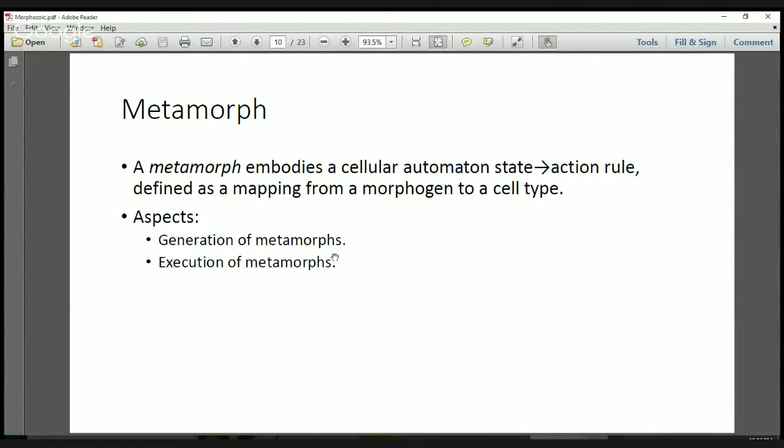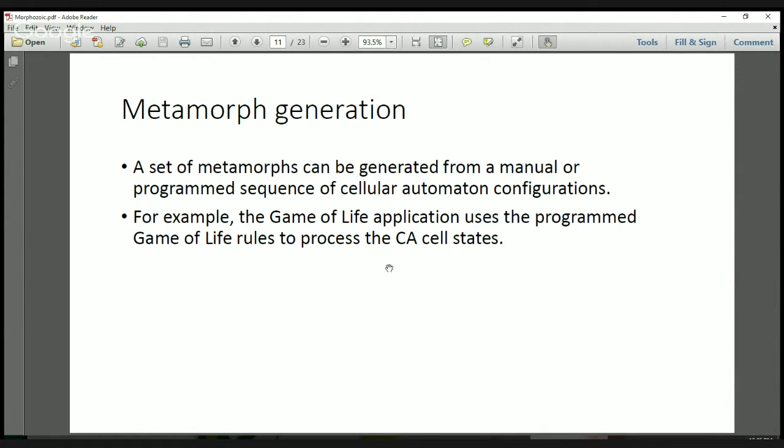The aspects of a metamorph are that you have to generate them somehow, and the execution of them is when you operate on the things you've captured or learned. There are lots of ways to generate them.